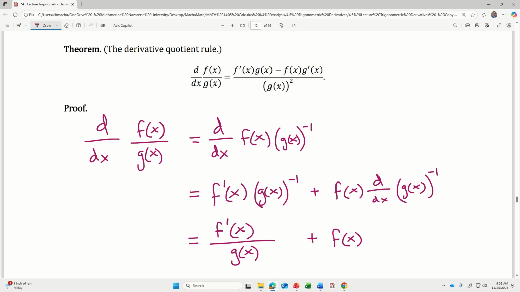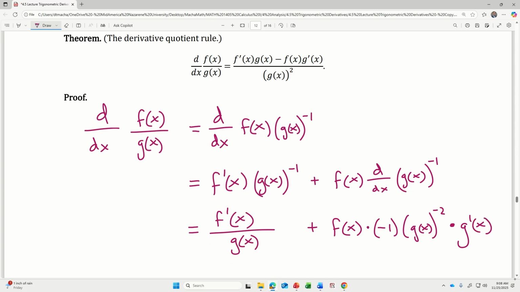So using the derivative chain rule, this derivative of the outside function is going to be negative 1 times g of x to the power negative 2, and then I have to use the chain rule to multiply times g prime of x, the derivative of the inside function.